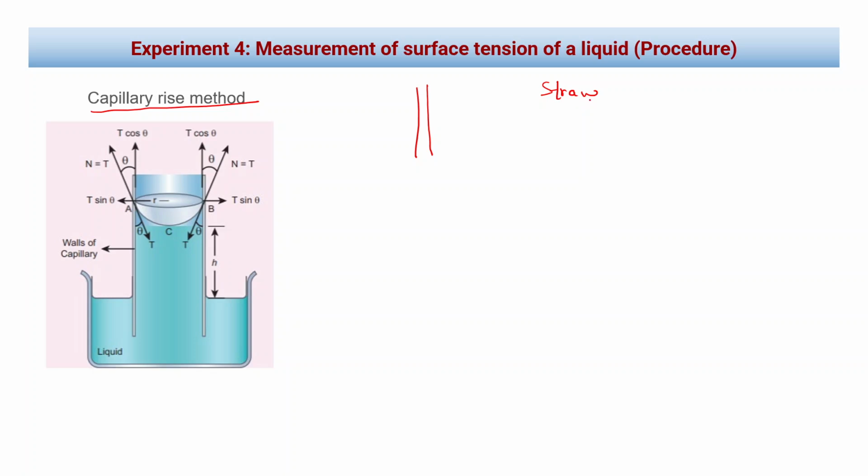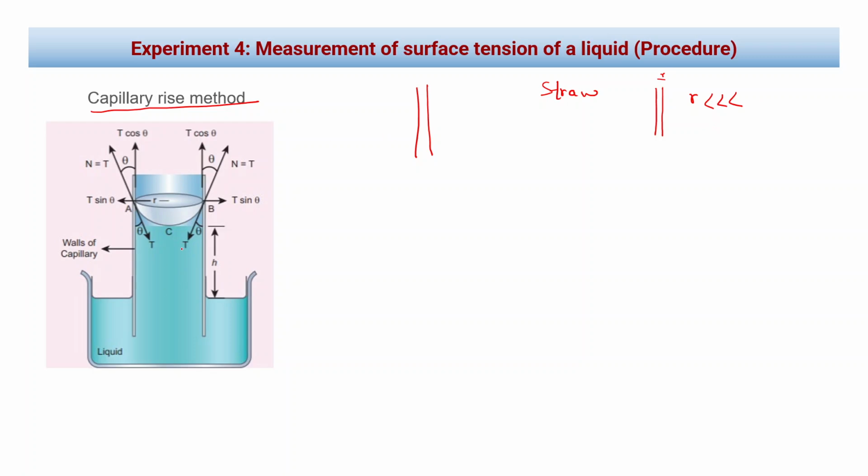We drink juice or water through it. A straw has a significant radius, but a capillary is a very thin straw. Its radius is very small, then we can call it a capillary.